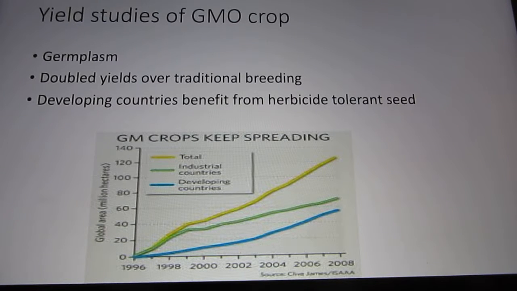Genetically modified breeds have doubled the yields over traditional breeding. Having herbicide-tolerant traits allows for higher yields within the crop. Studies show in developing countries where weeds are very prominent and there are not a lot of ways to help diminish them, that GMOs have increased the yields drastically.